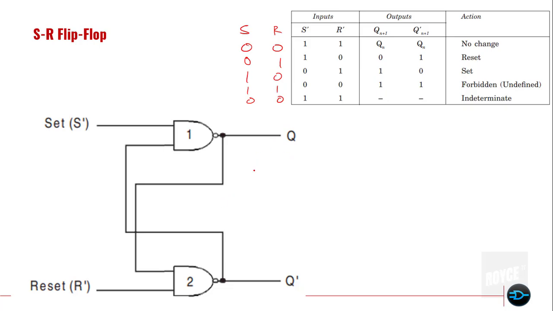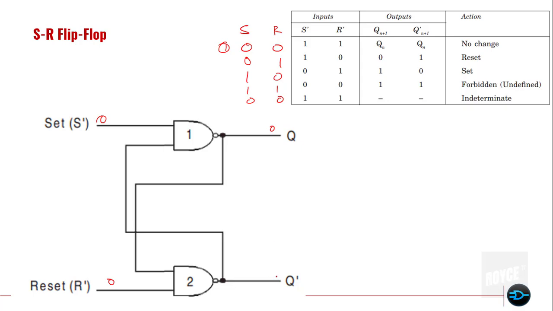Before we start, we have to assume a value for the output because we need that. If I put 0, 0 in this first scenario, the inputs of our NAND gates are incomplete. So usually, we assume a value.